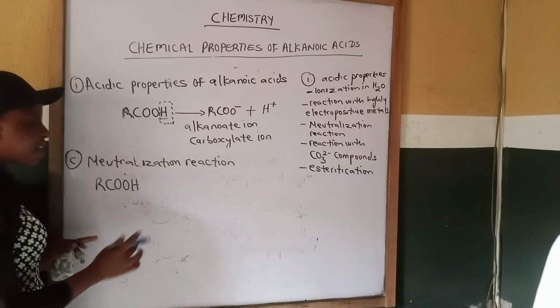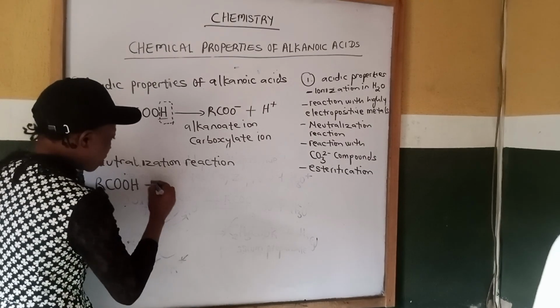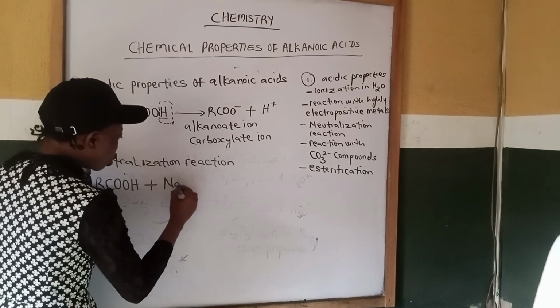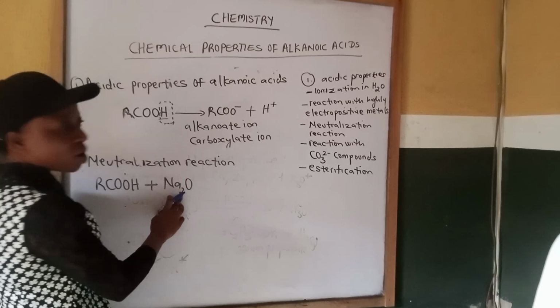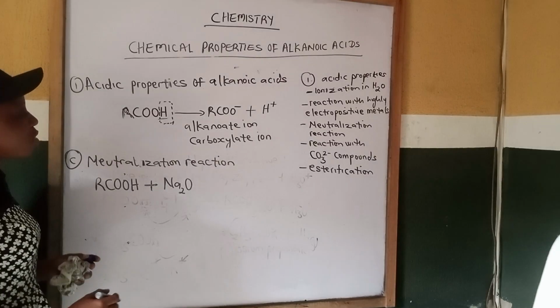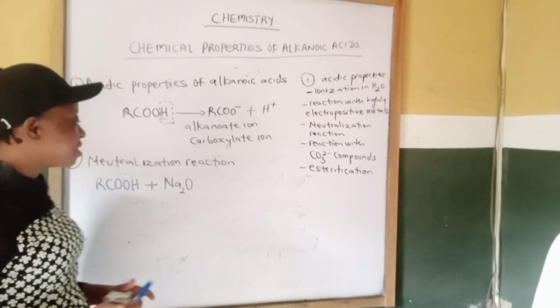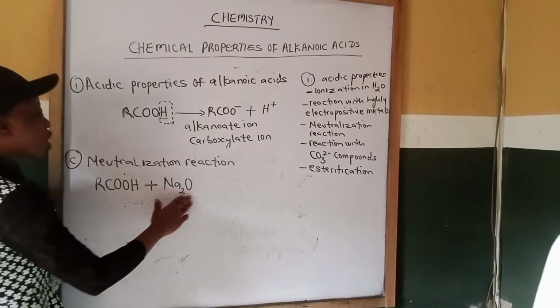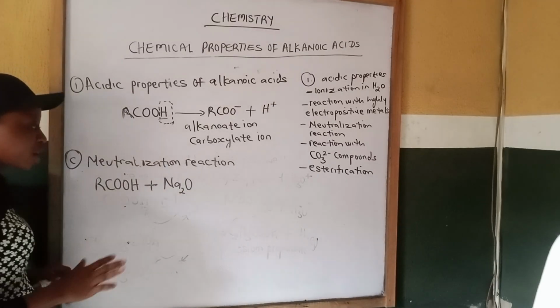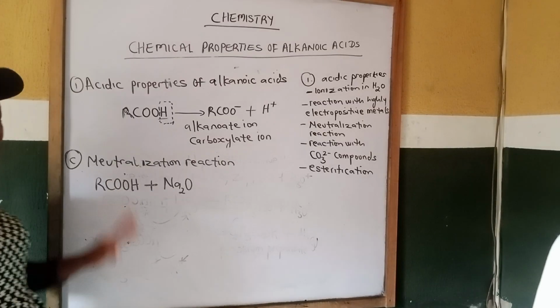Reaction between organic acid and base. So let's use sodium oxide. Sodium oxide is an oxide of metal, then it is a base. So reaction between sodium oxide and alkanoic acid, which is an organic acid.